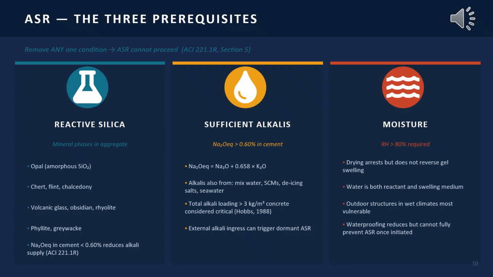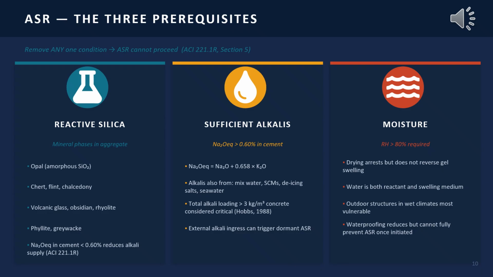One important nuance: certain aggregates may contain only small amounts of reactive silica, but still cause significant expansion. This is called the pessimum effect. There is an optimum reactive silica content that causes maximum expansion. Too little causes little reaction, too much dilutes the alkali.